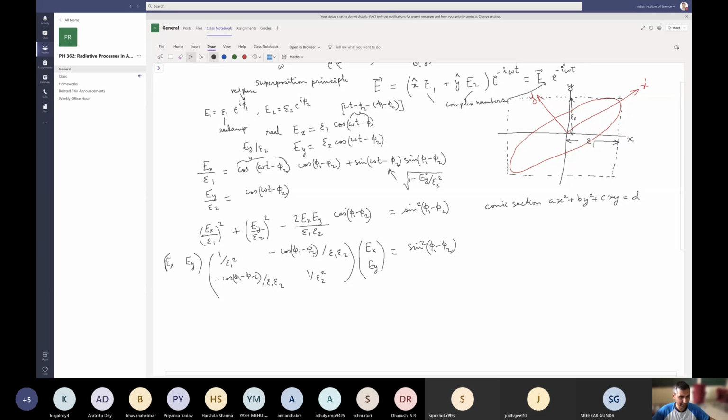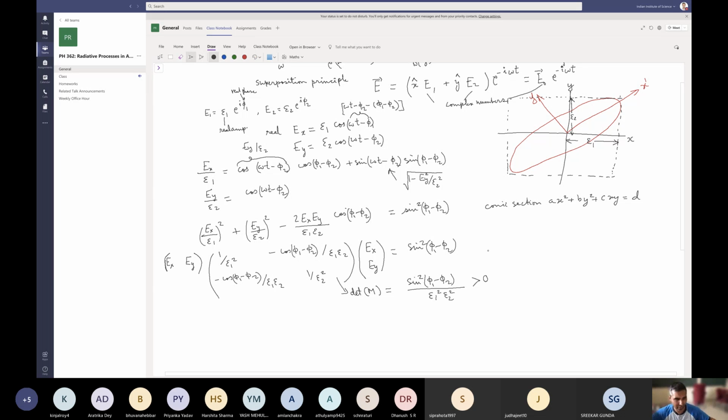Now this matrix M, if it satisfies certain properties, that is, if the determinant of this matrix, which we can easily find, is equal to sine squared (phi 1 minus phi 2) divided by epsilon 1 squared epsilon 2 squared, this determinant is always greater than 0, right?